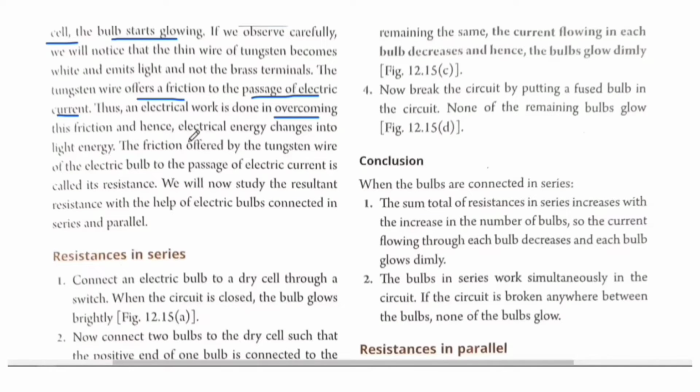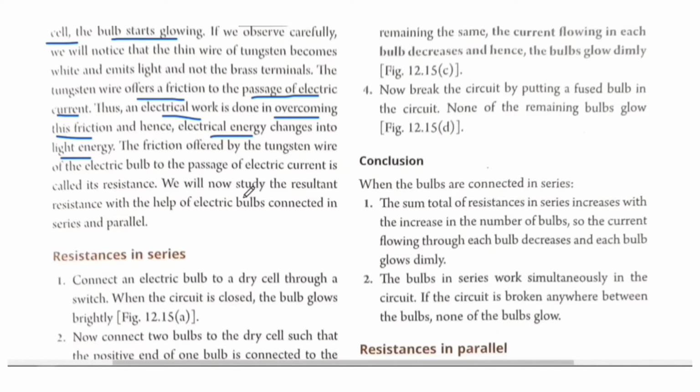And to overcome this friction, some electrical work is necessary to be done here. And the electrical energy changes into light energy. So students, it is the resistance of the tungsten wire of an electric bulb which helps it to glow when it is connected to an electric circuit.